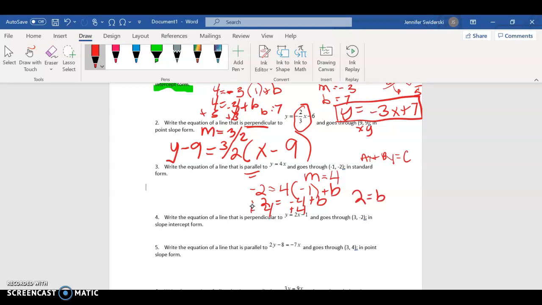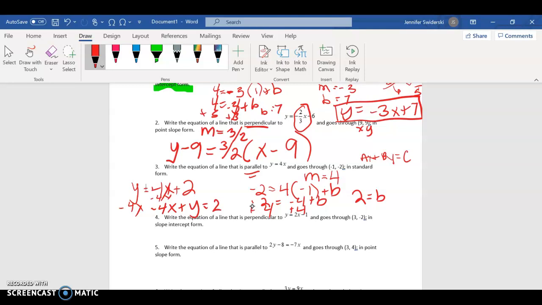So when I do that, now I have y equals 4x plus 2. But I want this in standard form. So if I subtract 4x from both sides, I get -4x plus y equals 2.